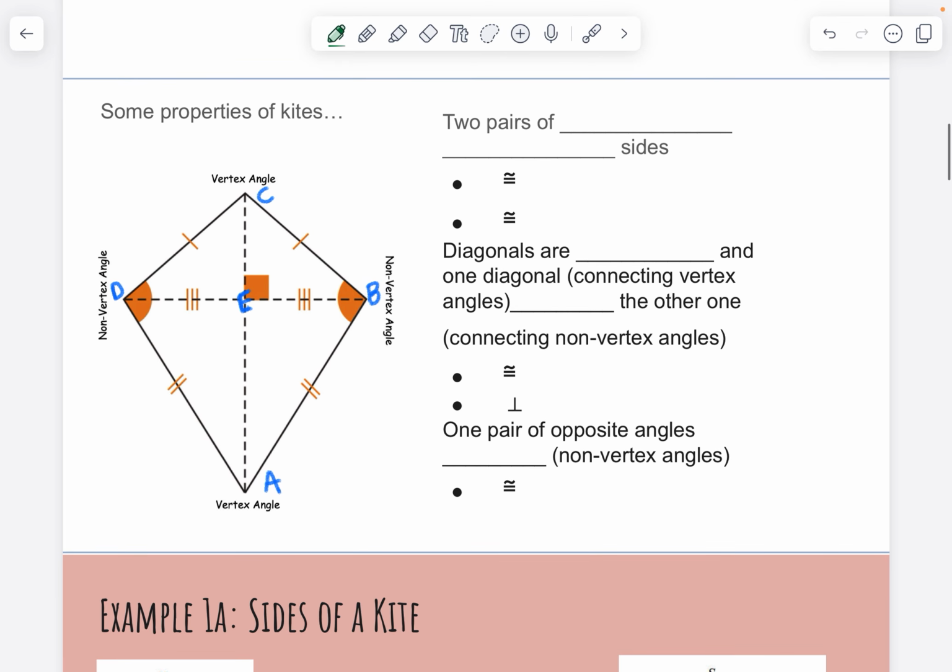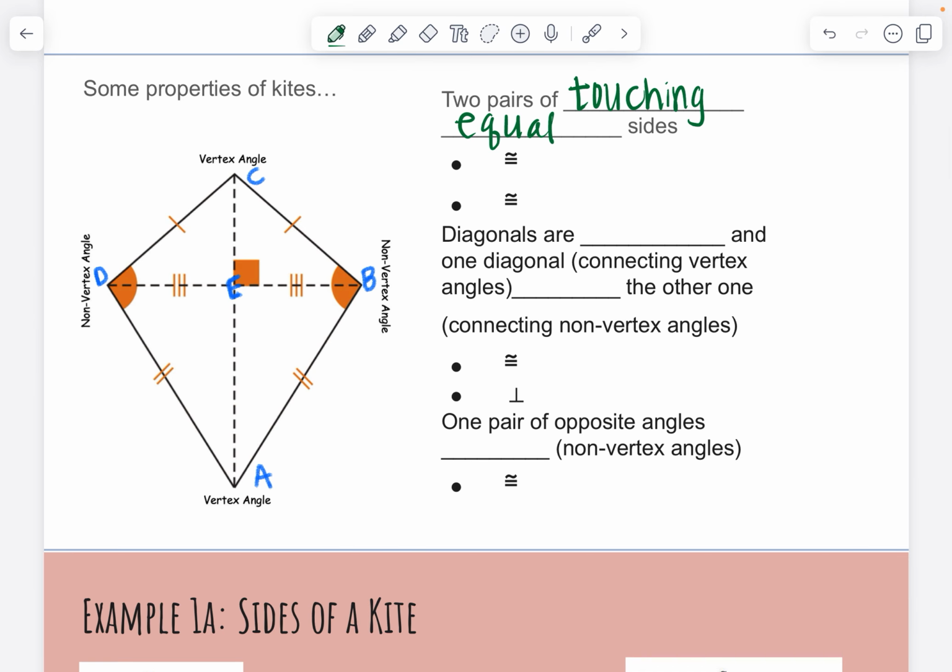So some properties, as we said: two pairs of adjacent congruent sides. It might make more sense if you said two pairs of touching equal sides. That might make more sense to you, or you can say adjacent and congruent there.